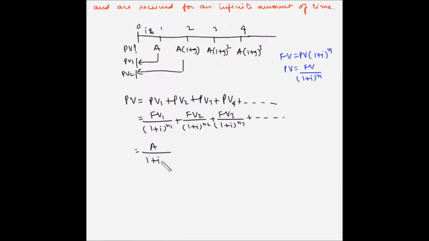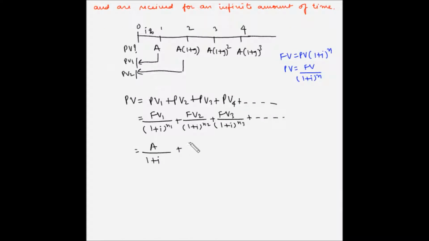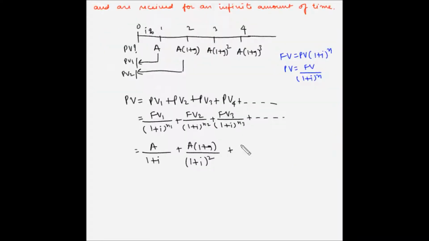Plus, FV2 is A into (1 + g), so A into (1 + g) divided by (1 + i)^2, because this amount is being withdrawn after 2 years, plus A into (1 + g)^2 divided by (1 + i)^3, and so on.